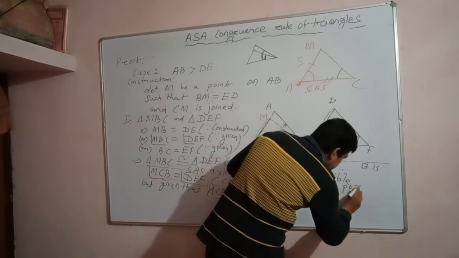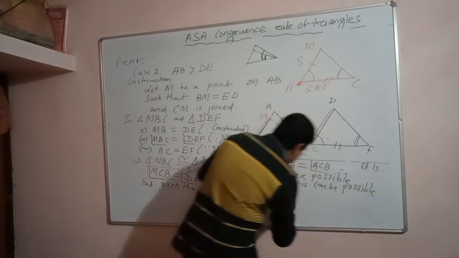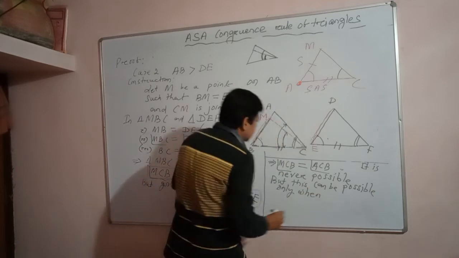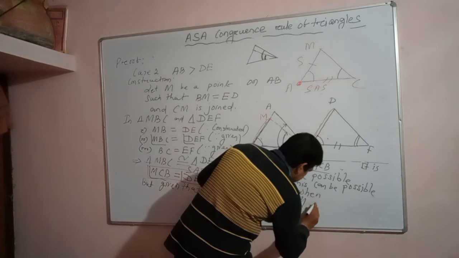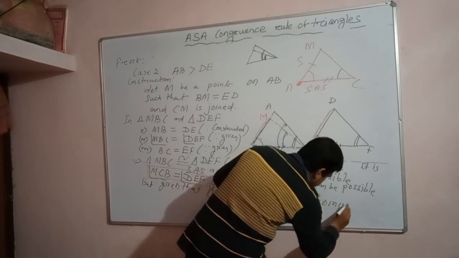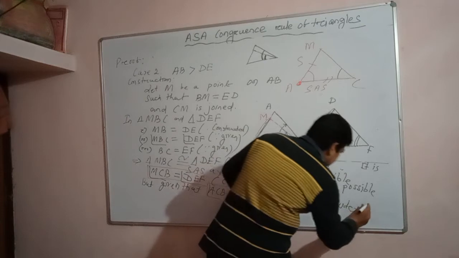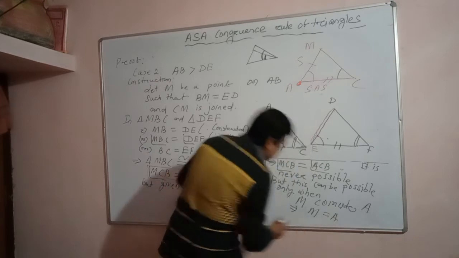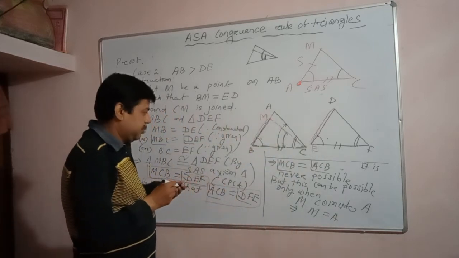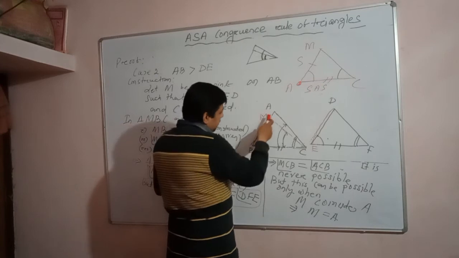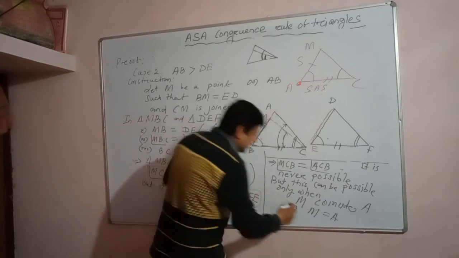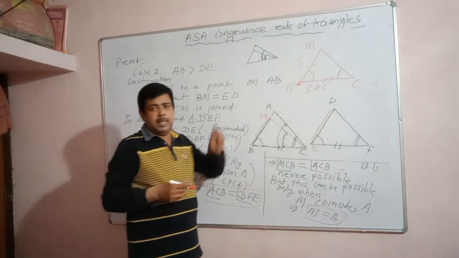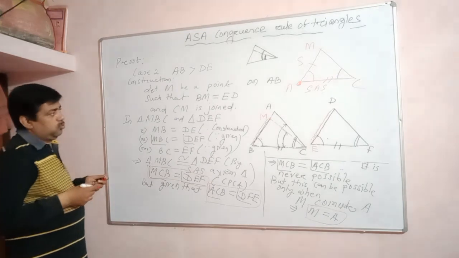This can be possible only when M coincides with A. That implies M point is equal to A point. Is it clear?